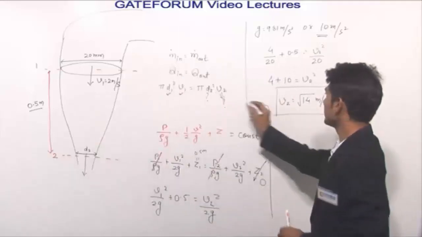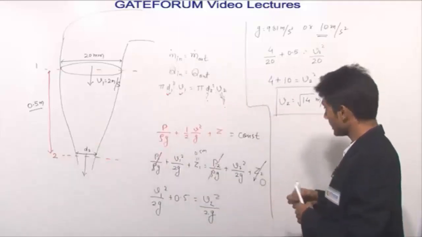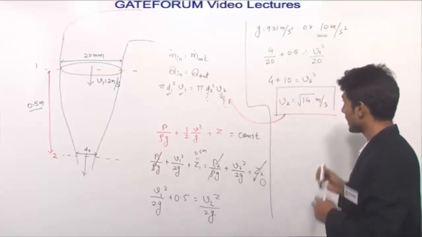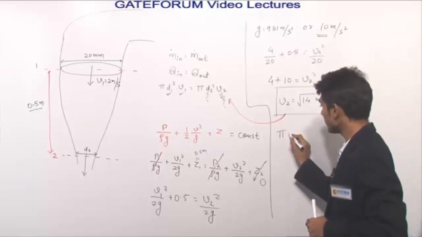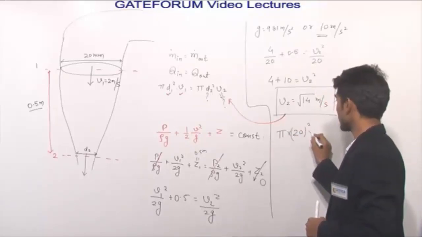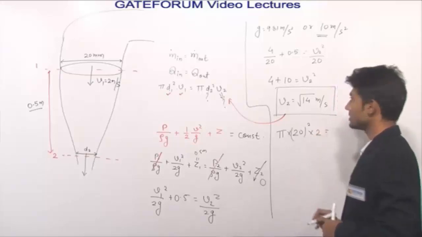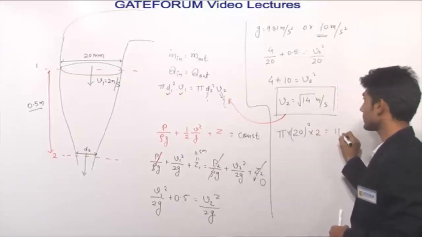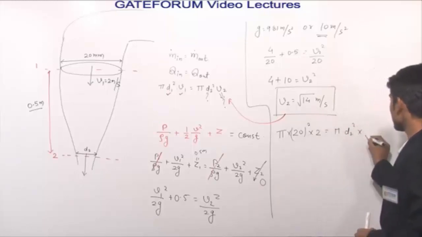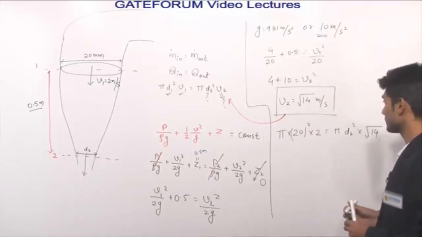We'll apply this velocity in this formula. So we'll get pi into D1, 20 square, into V1 is 2, is equal to pi into D2 square, we need to calculate, multiplied by velocity under root 14.